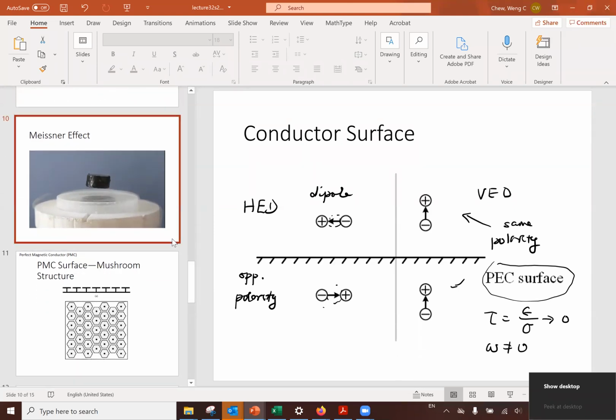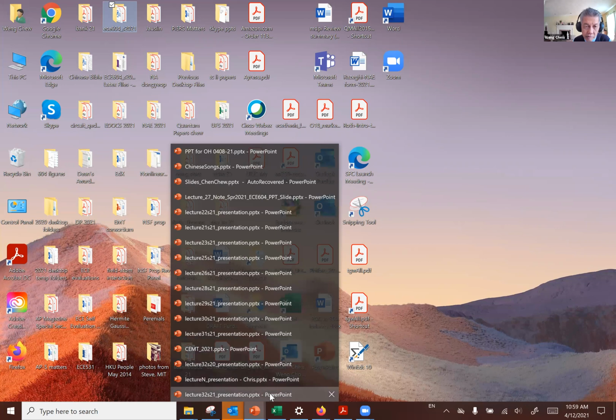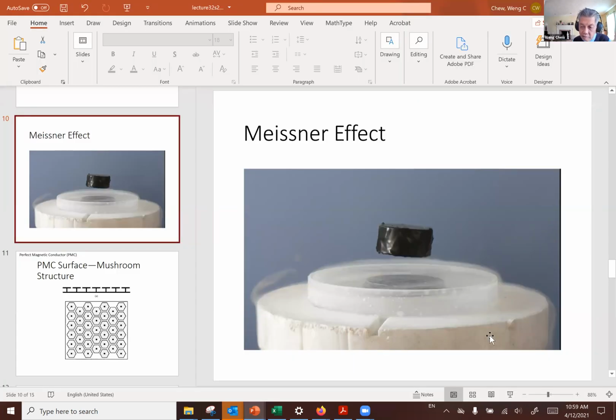Then we come to a very interesting phenomenon called the Meissner Effect. The Meissner Effect is the case when you have a bar magnet put on top of a superconductor, where the conductivity is infinitely large.